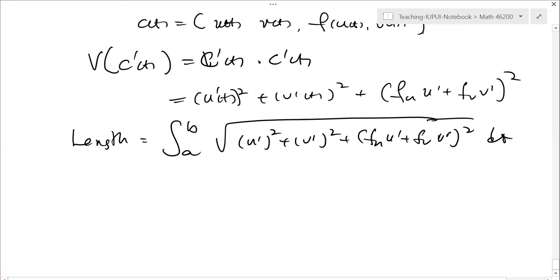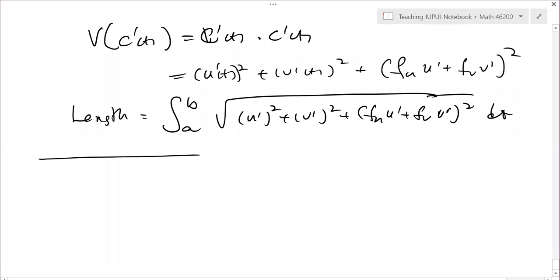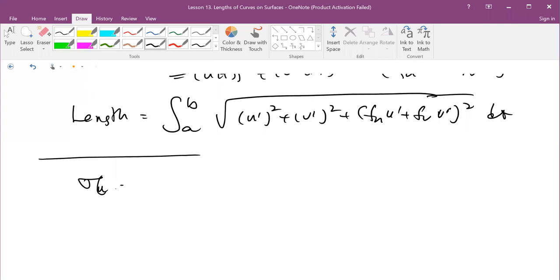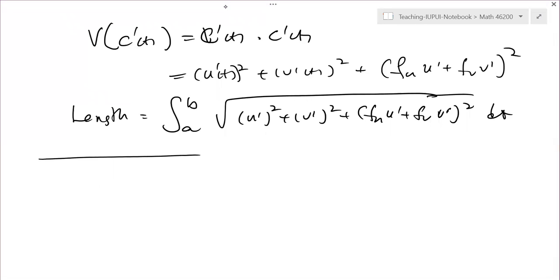All right. So finally, let's take a look at some situation. I'm going to consider sigma, this is a surface patch. I'm going to consider a surface patch.